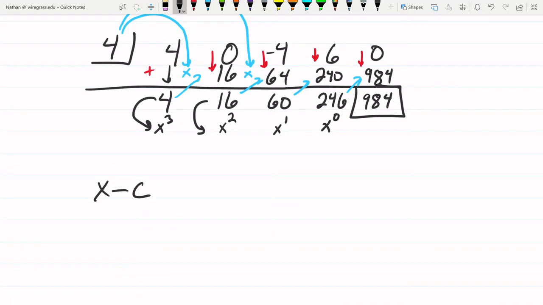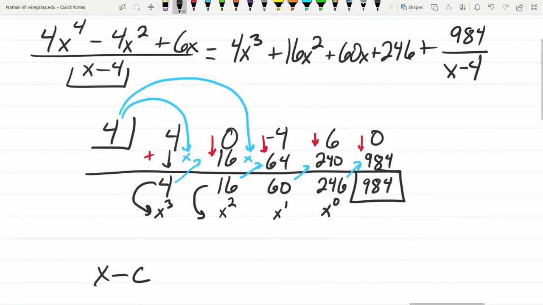But this x minus c, this is the kind of factors that every polynomial can be broken down into by the linear factorization theorem. So if you can find these factors, you can use synthetic division to divide them out, thus giving you, we went from a 4th power polynomial to a 3rd power polynomial. We just keep dividing out the factors, and that will give us all of the zeros of the polynomial, and it'll allow us to reduce them down until we can use regular factoring or the AC method or quadratic formula or whatever.